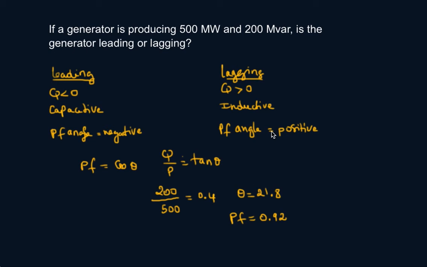Depending on the problem, sometimes they give you keywords, or sometimes they even ask you, is it inductive or capacitive? Because inductive is associated with a lagging system, you can derive that, or if they give you a capacitive system, you can understand that it's a leading system.